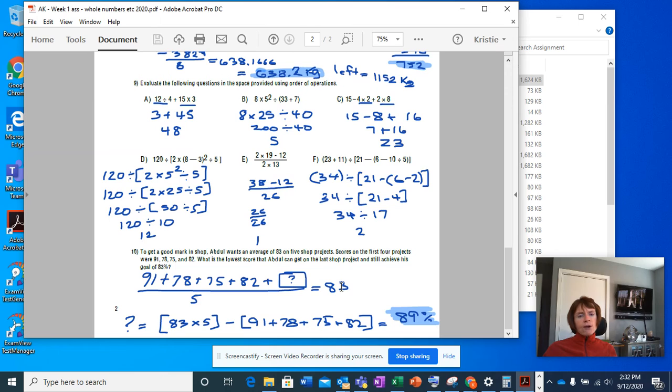That'll work by trial and error. But think about this. 83 of the average times 5 will give you what you want for the grand total of all those numbers. So if you take 83 times your 5, figure that out, 400 and something, subtract these numbers, it gives you 89%.